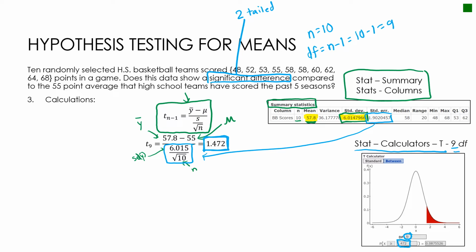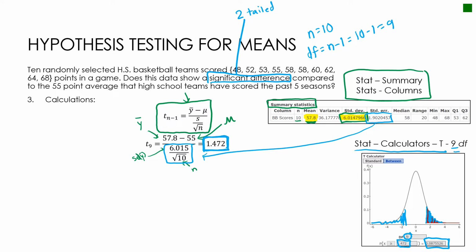And remember, when we do that, we're going to take whatever our score is, and make it whatever is more extreme. So this is the score of 1.472, and we're saying let's find this area to the right of that, which is this. But because it's a two-tailed test, it would be the same as me taking negative 1.472, somewhere in here, and then finding this area to the left.